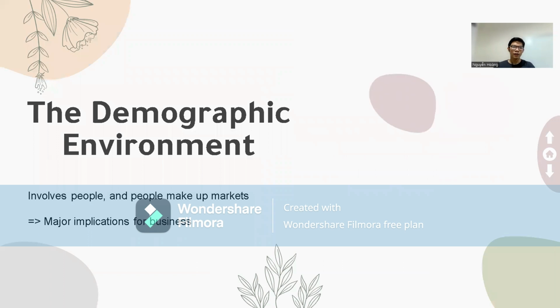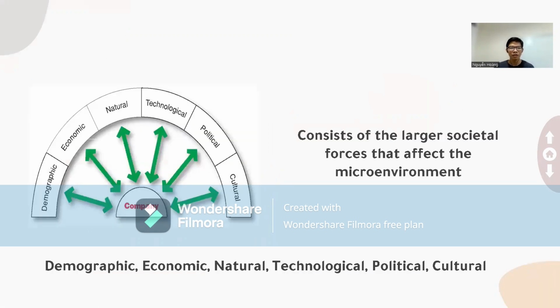The microenvironment has 5 actors. First is company, suppliers, marketing intermediaries, competitors, public, and customers. First, we are to talk about the company. The company is designing marketing plans.